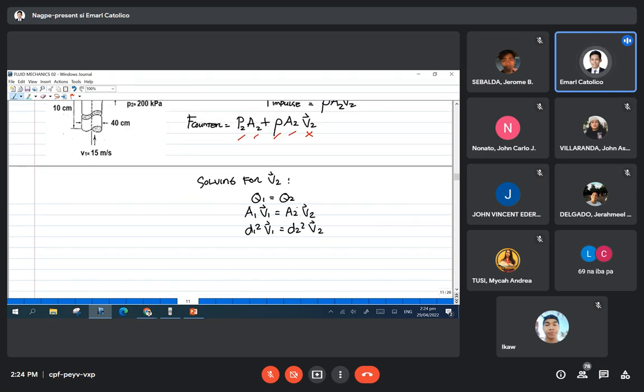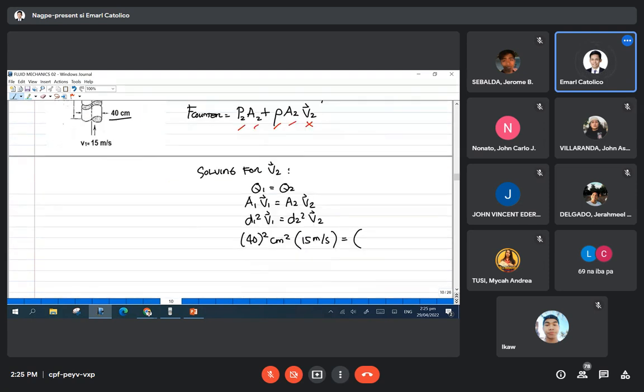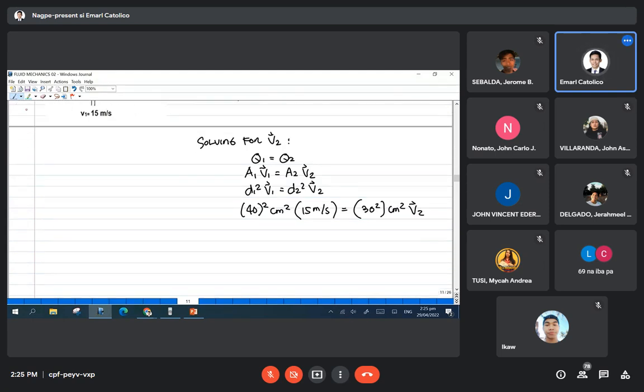So, D1 natin, ito, 40 cm. So, 40 squared cm squared. V1 natin ay 15 meters per second. Diameter 2 is 30. 30 squared cm squared, then velocity 2. Okay, cancellation of units, cancel si cm.